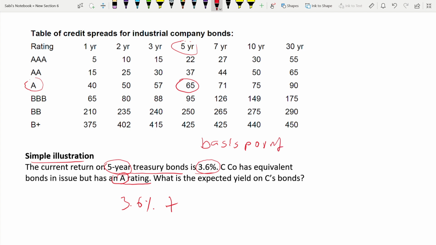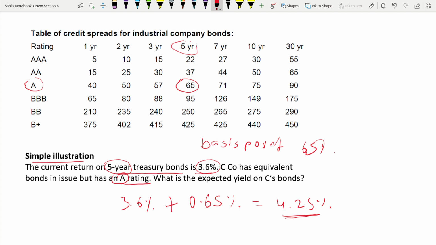So when you are writing 65, do not write 65, but in terms of percentage. That means it will be 0.65 percent. So it will be equal to 4.25%. This is the answer. That's it.